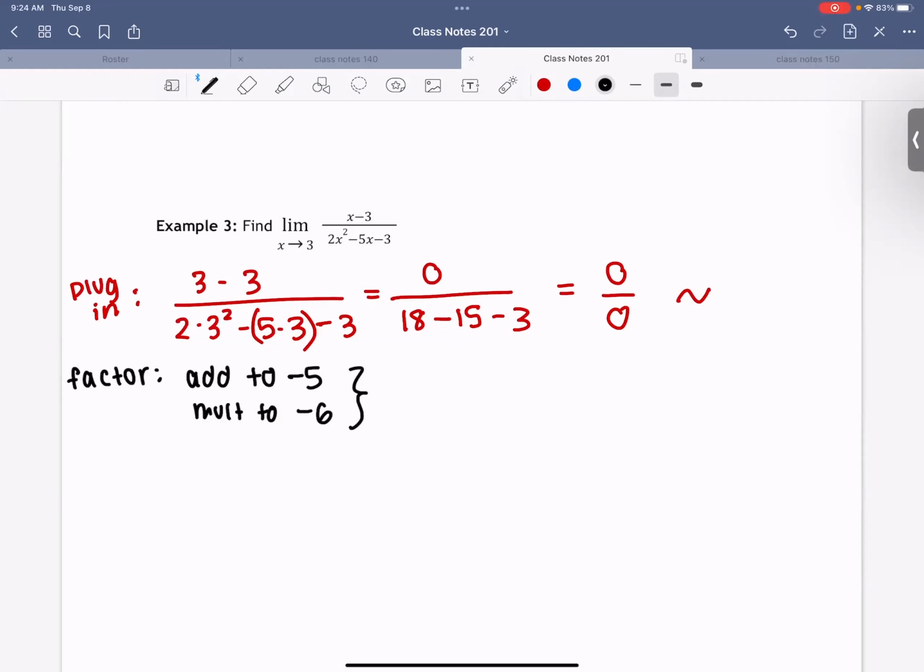What two numbers do that? If you can do this in your head, don't worry. I'm doing the splitting the middle term version of factoring. What two numbers add to -5 and multiply to -6? Michael.